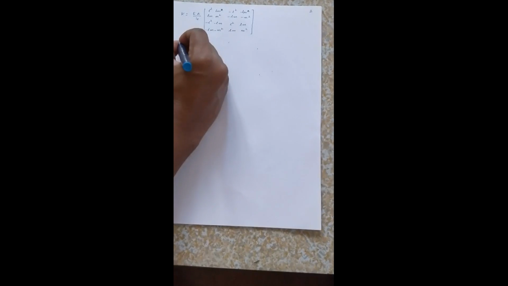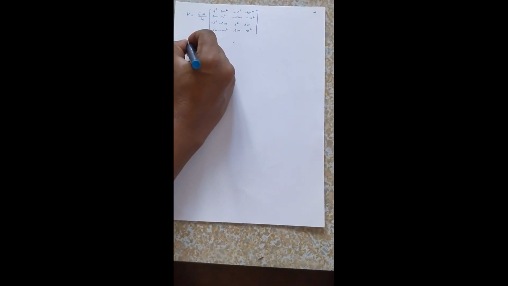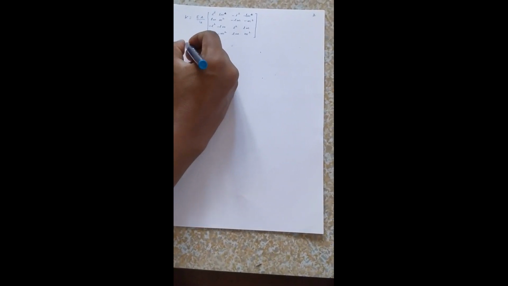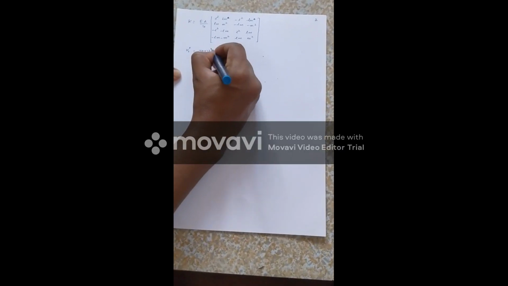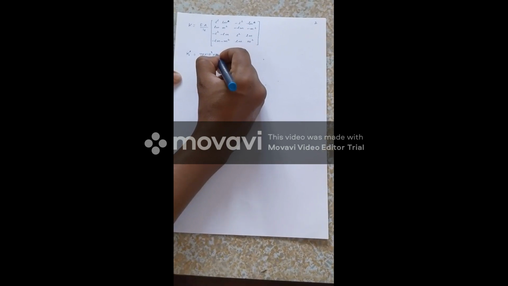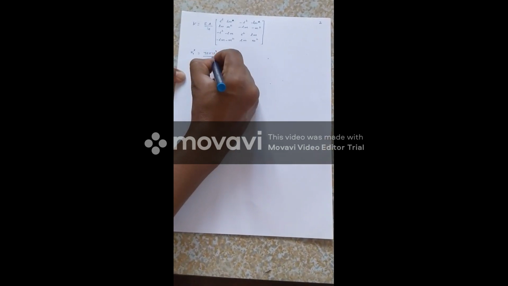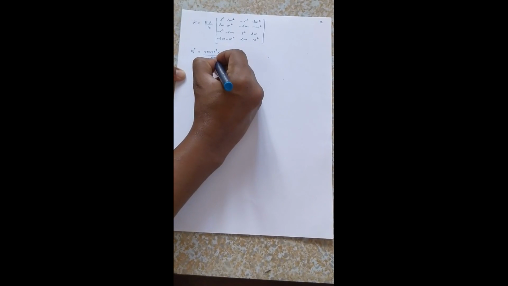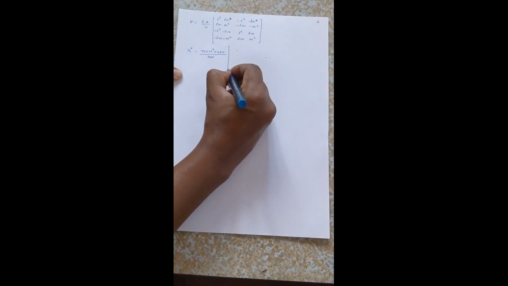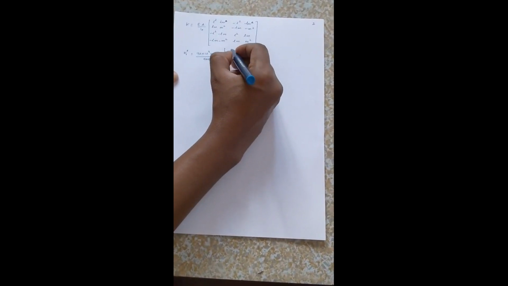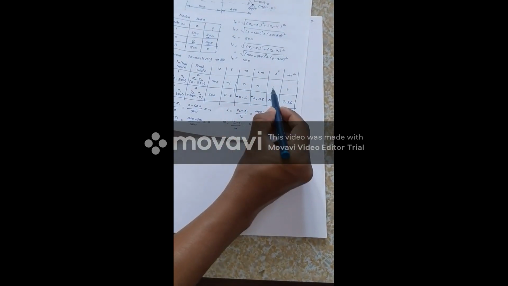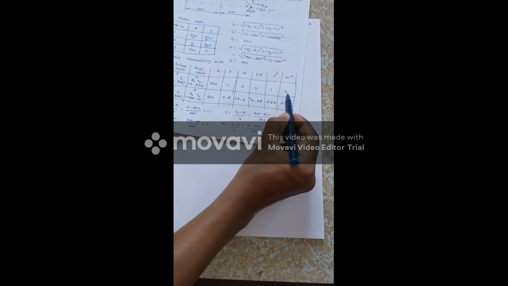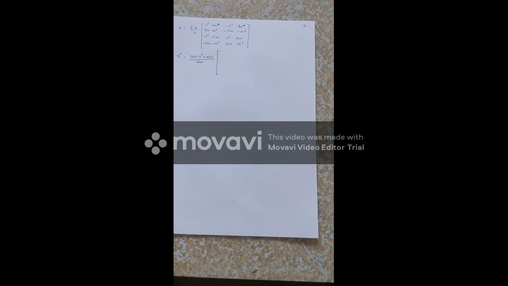Now let us consider element 1. Since Young's modulus is 70 GPa, so 70 into 10 power 3, the area of the element given is 200 mm square, so 200. The length of the element for element 1 is 500. I will take that value, and from the element connectivity table, the value of L square obtained is 1 and the value of M square is 0, so I will substitute those values here.